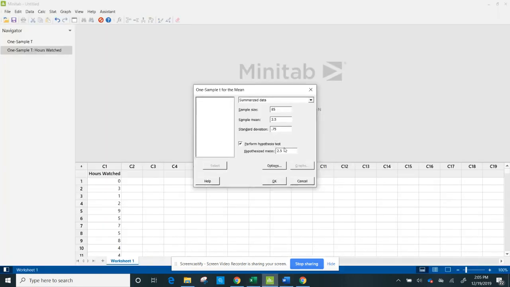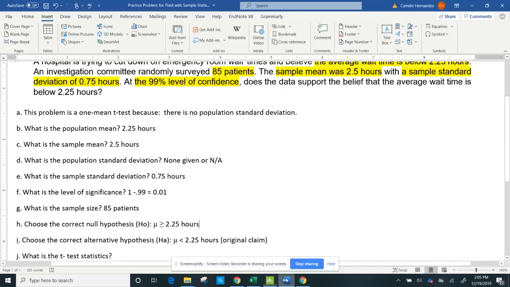My standard deviation is 0.75. My hypothesized mean is 2.25. And I've got to click this to let it activate. Again, sample size is 85. Sample mean is 2.5. The sample standard deviation is 0.75. Hypothesized mean is 2.25.